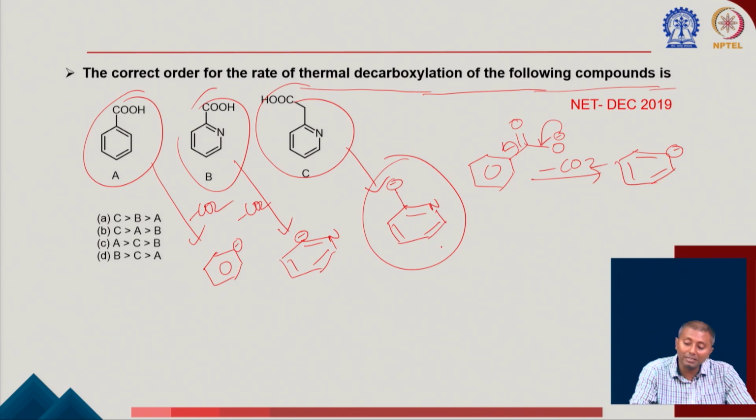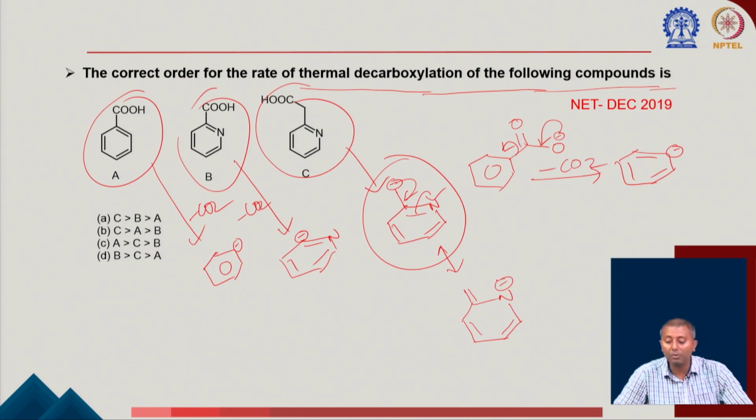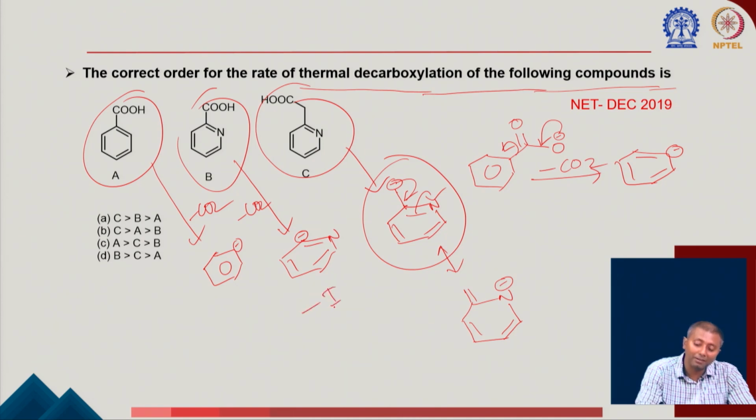You can clearly see in this particular compound, we are able to draw the resonance structure. But here, clearly the only effect is the minus I effect, and here you don't have that.